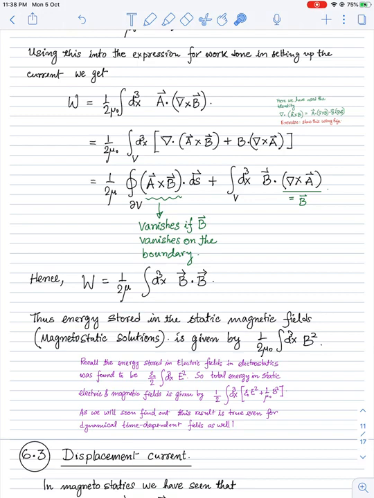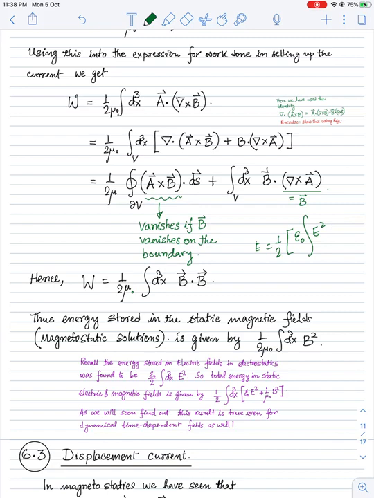So if you have static electric fields and static magnetic fields together, then the total energy will have this form: E squared plus B squared, with epsilon naught and mu naught.